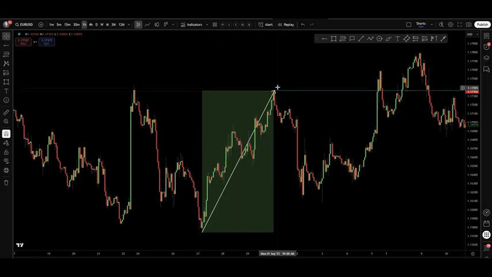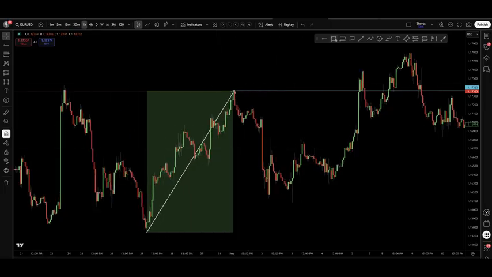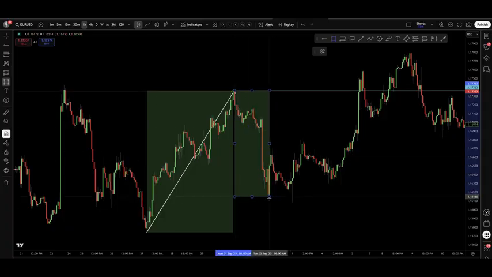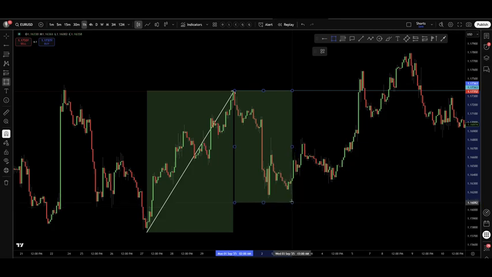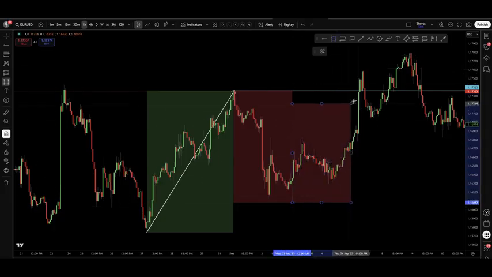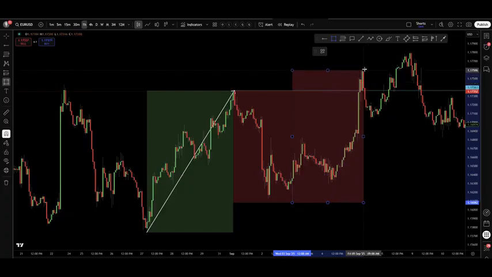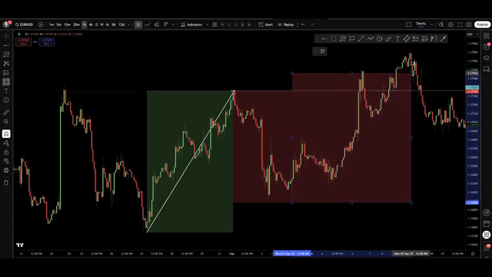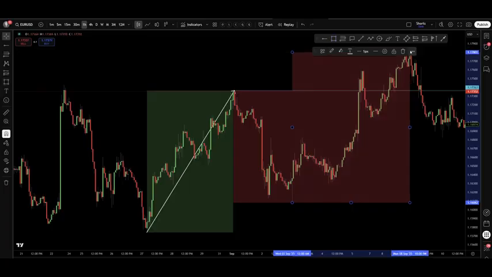That's the highest high of this trend, yeah? Then we made this, and this is the lowest low. Then, from there, we started to go up, and we just made this overall uptrend.